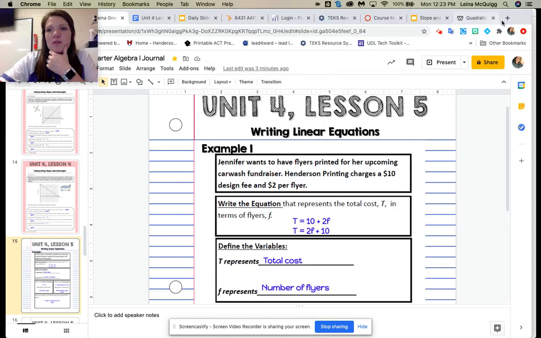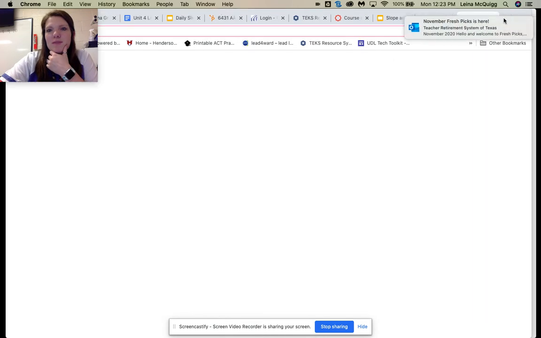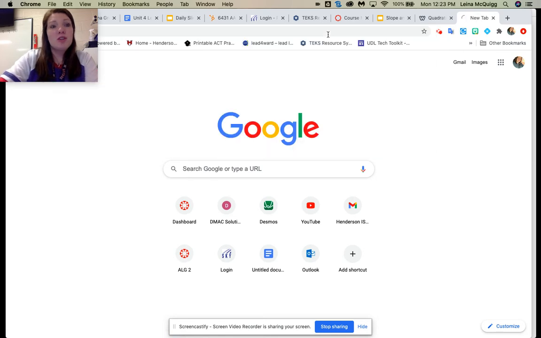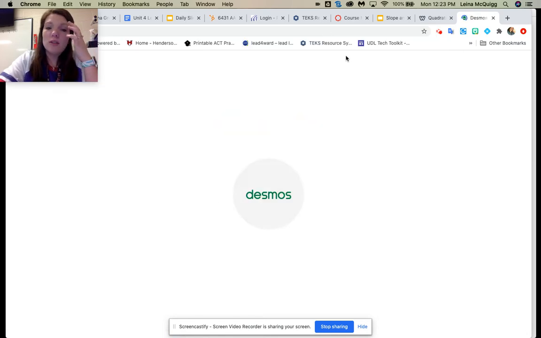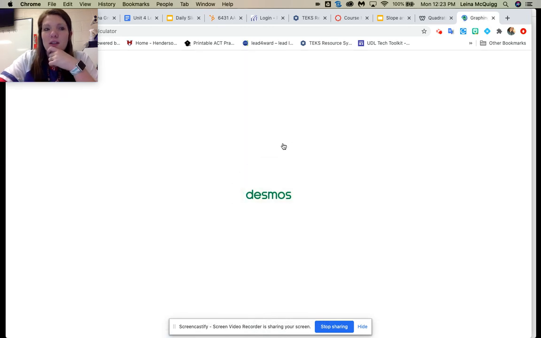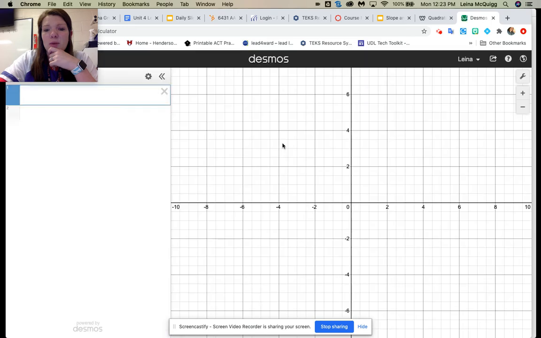Another way we could do this is by using Desmos and function notation. So earlier this year we talked about function notation. And if you remember how to set up function notation, then you can use Desmos and it will do this for you.